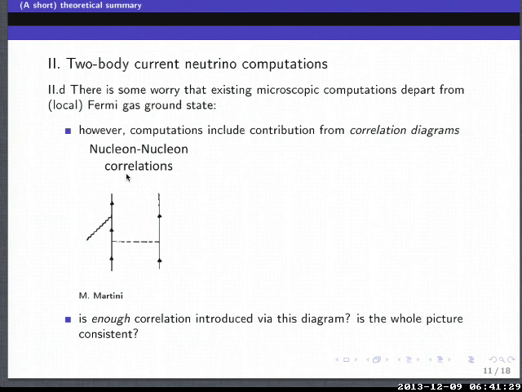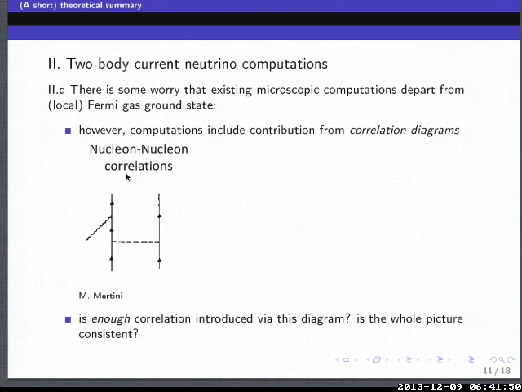However, Marco and Nieves computations include contributions from so-called correlation diagrams, such type of diagrams in which some correlation is put into the system.